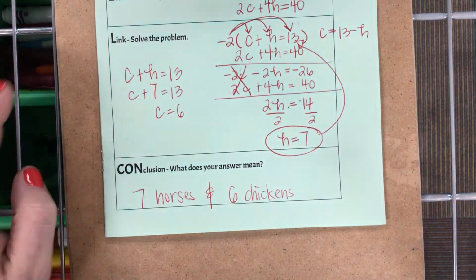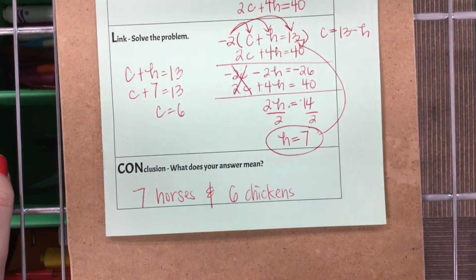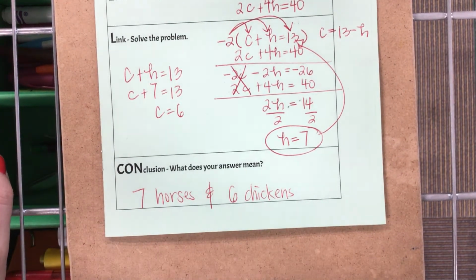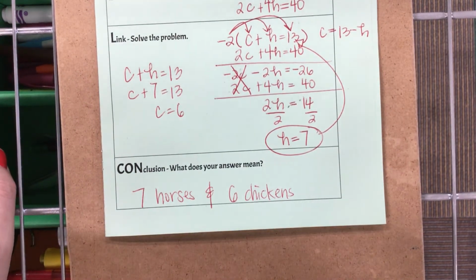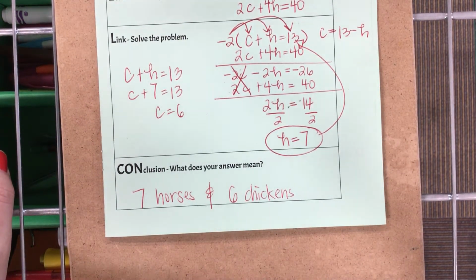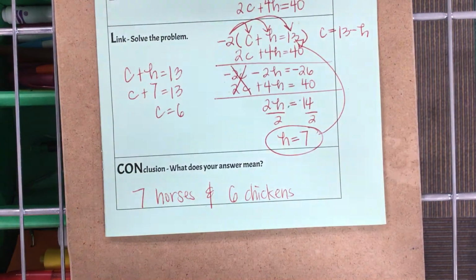It means there are 7 horses and 6 chickens. Or could you say there are 6 chickens and 7 horses. Same thing, correct? But if it was an ordered pair, would the order matter? Yes. Ordered pairs matter, right? But no, there is no order in this one because it's not an ordered pair.